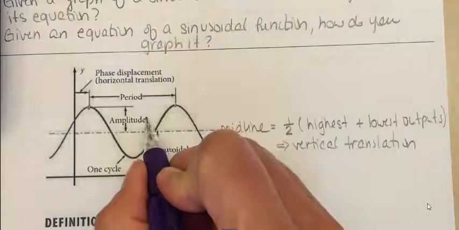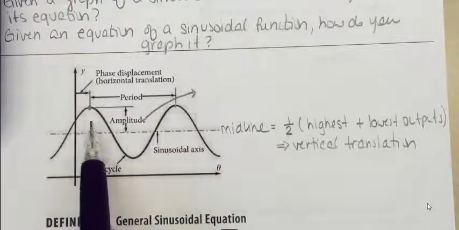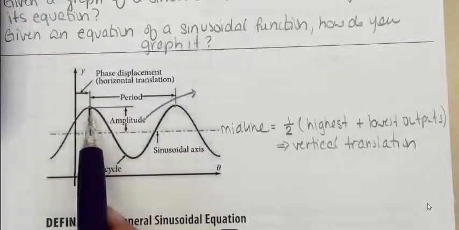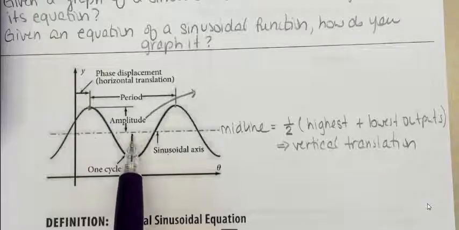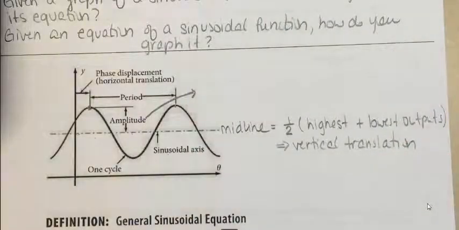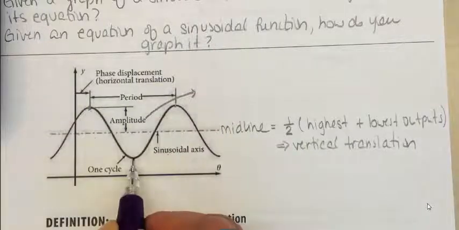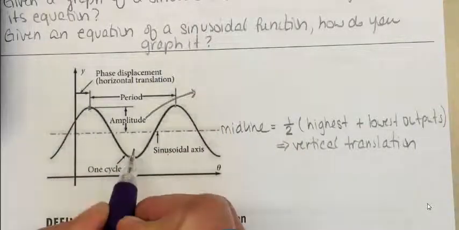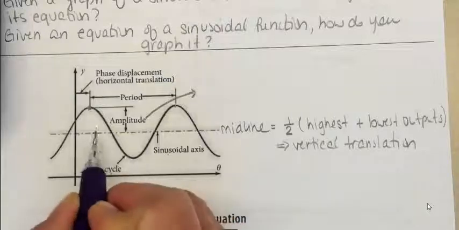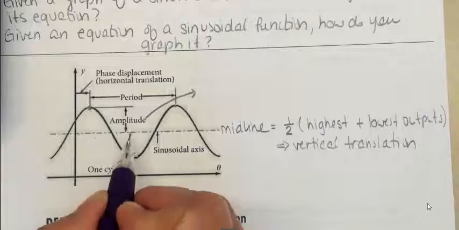All right, now amplitude is a little bit different. Amplitude is how high above this midline you are and how low below the midline. It should be the same number, by the way. Amplitude is more like the distance, and it's half of the distance from the highest point to the lowest point. To find the distance between these two, we subtract them, and we only want half of it because going from the midline up or the midline down doesn't matter.